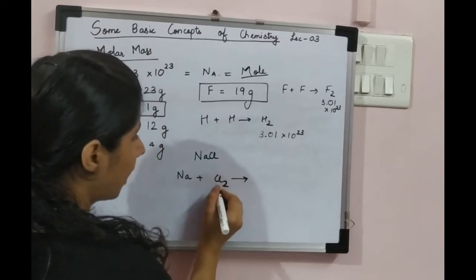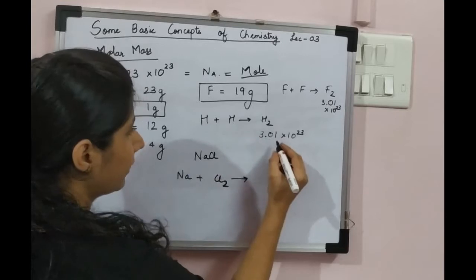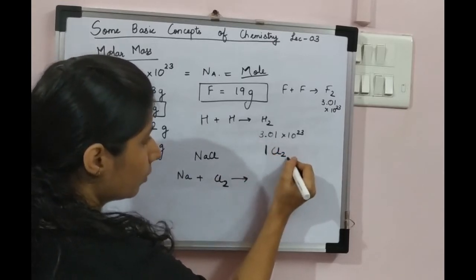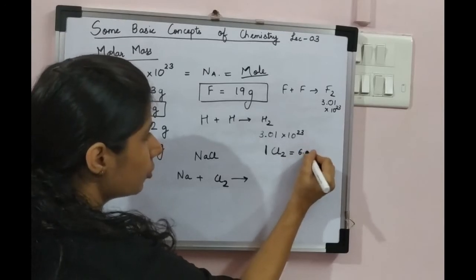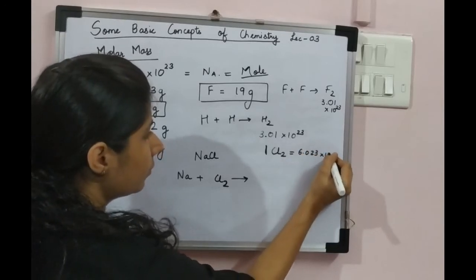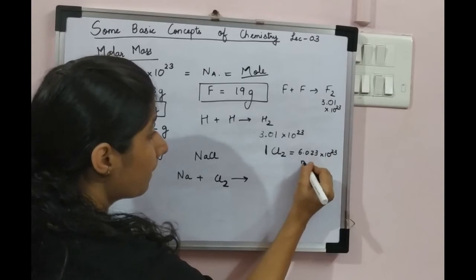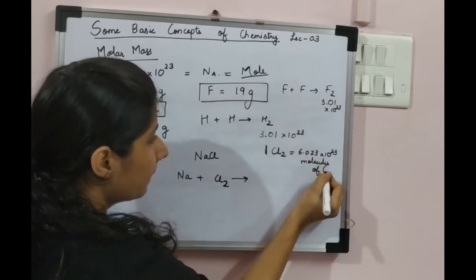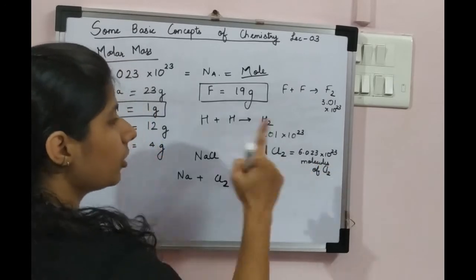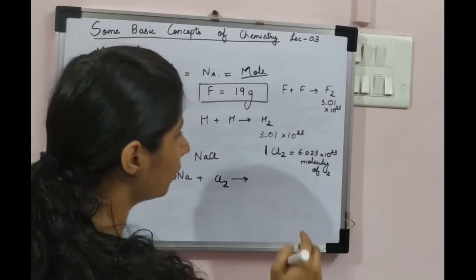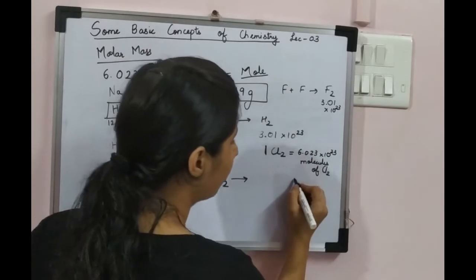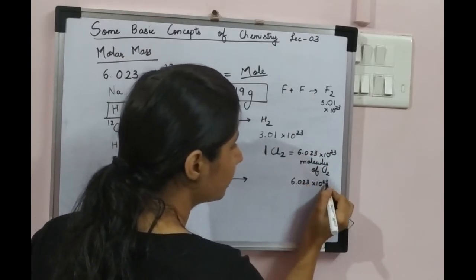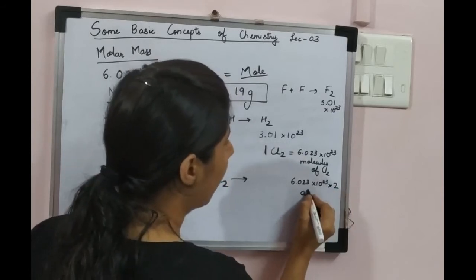So if I now take 1 mole of Cl2, what will this be? 6.023 into 10 to the power 23 molecules of Cl2. But each molecule has 2 atoms of chlorine. So these many molecules will have 6.023 into 10 to the power 23 into 2 atoms of chlorine.